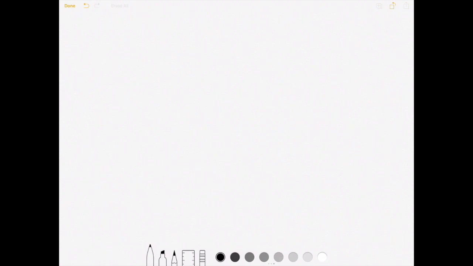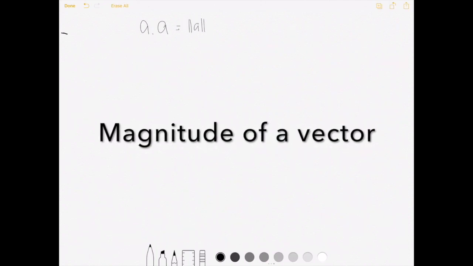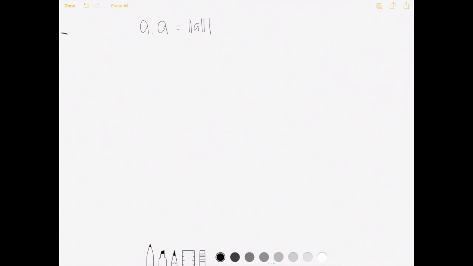Interestingly, if we think of the geometric definition of the dot product and think of taking the dot product of A with itself, then that's just the magnitude of A times the magnitude of A times the cos of the angle between A and A. The angle between A and A is 0, sorry, that should be a 0, not a theta.